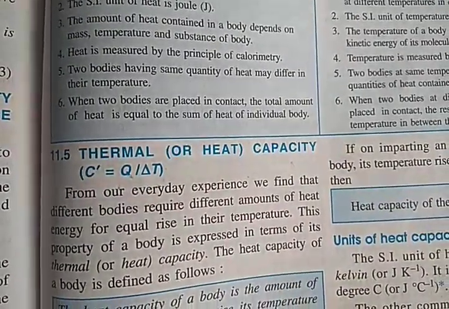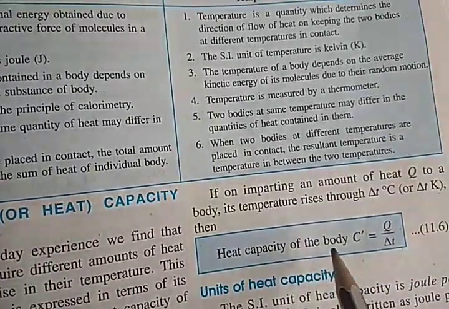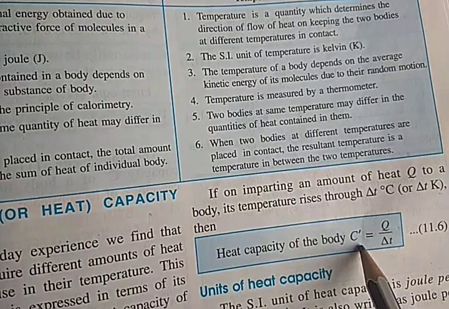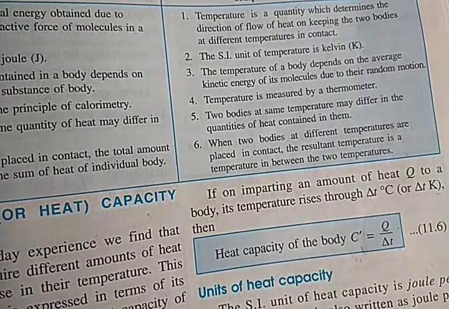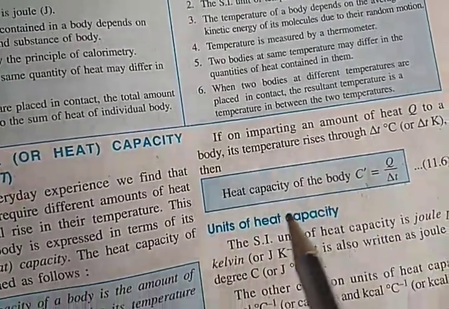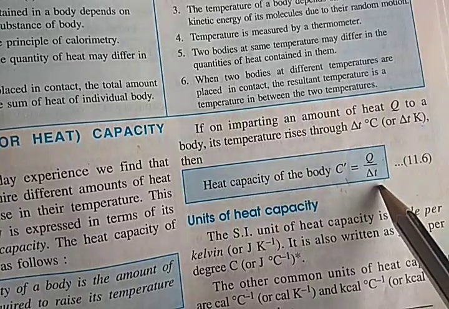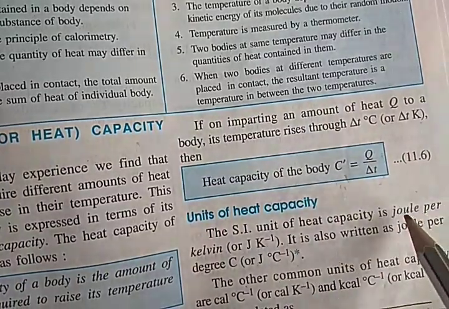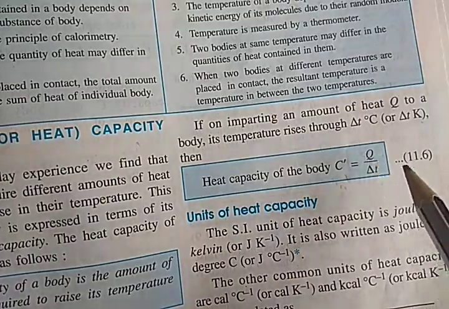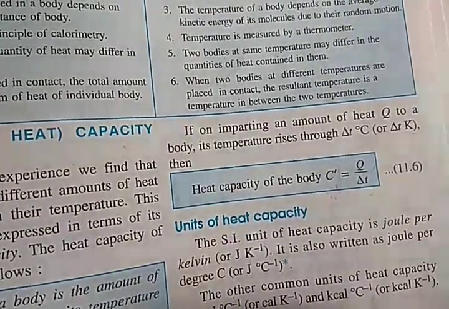That is the definition for heat capacity. The unit for heat capacity is joule per Kelvin or joule per degree C. You can get it from this relation itself.